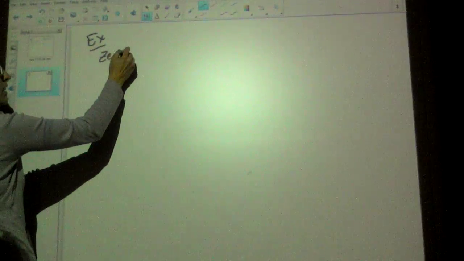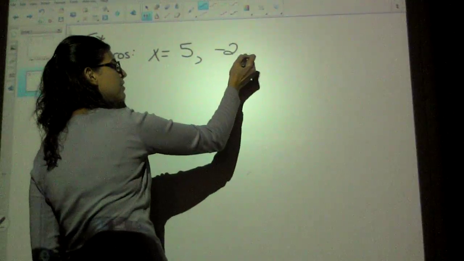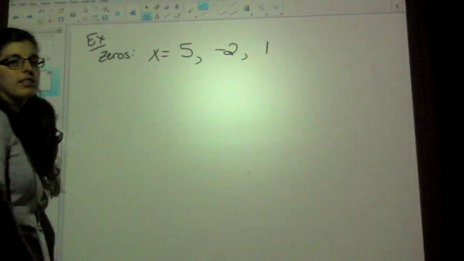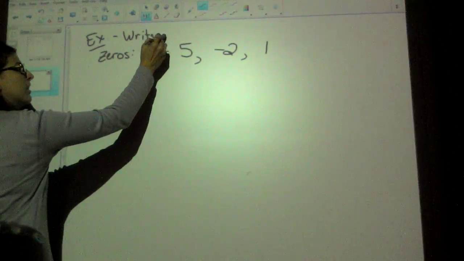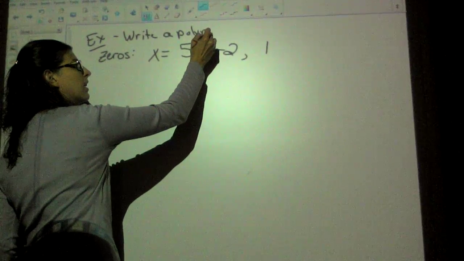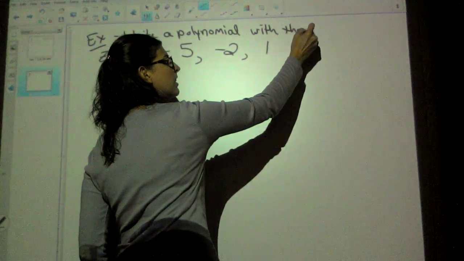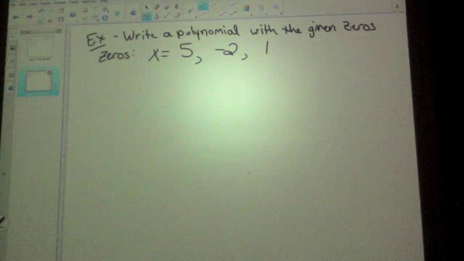Okay, so let's say that I give you the zeros of x equals 5, negative 2, and let's even go a third one, and let's go positive 1. Okay, the task will be write a polynomial with the given zeros. Okay, that's what you're trying to do.